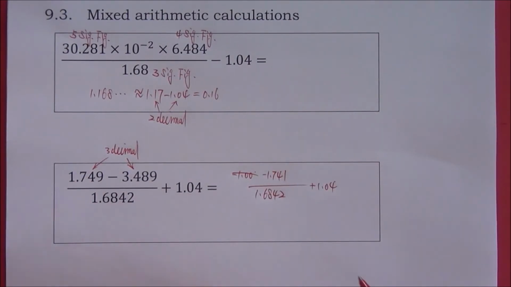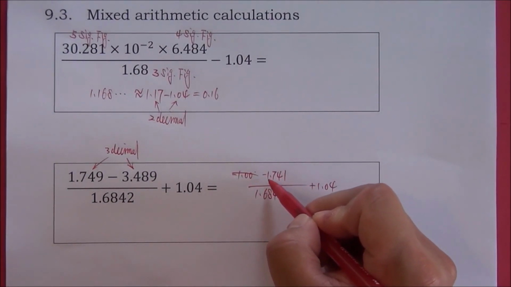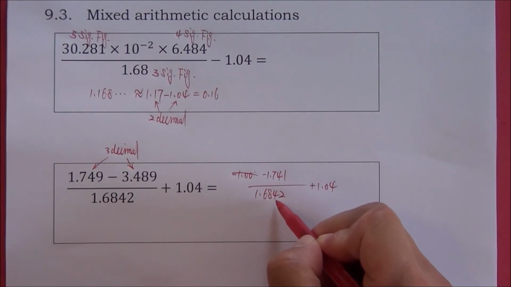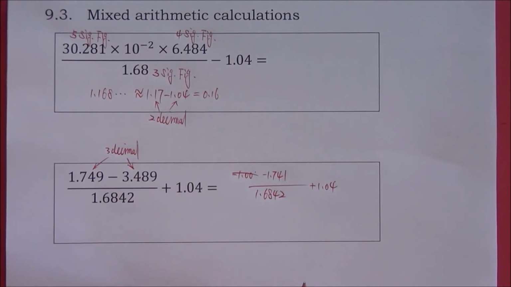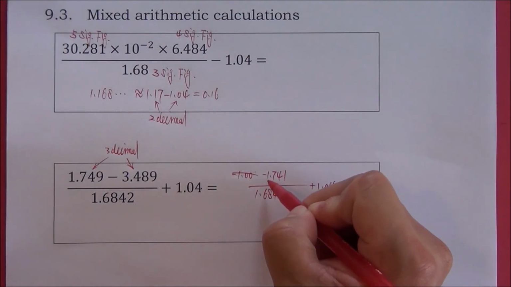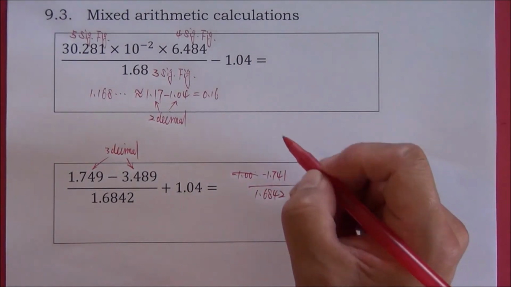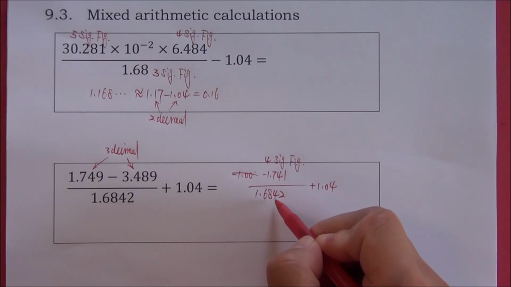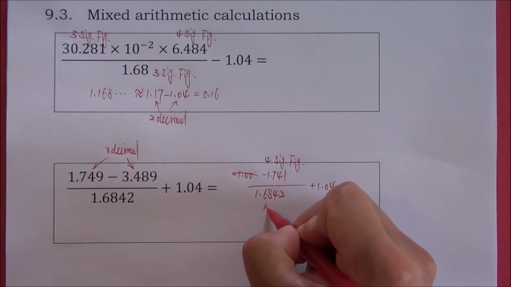According to mathematics, the next calculation is negative 1.741 divided by 1.6842. According to the rules of significant figures, the answer should have the least number of significant figures. The first number has 1, 2, 3, 4 significant figures. And this number has 1, 2, 3, 4, 5 significant figures.